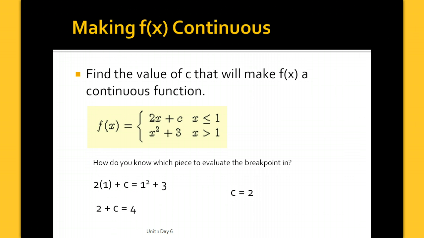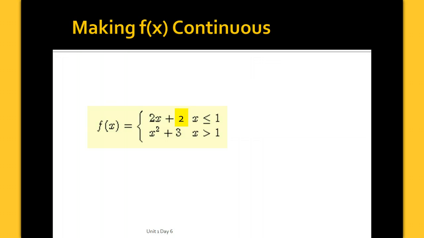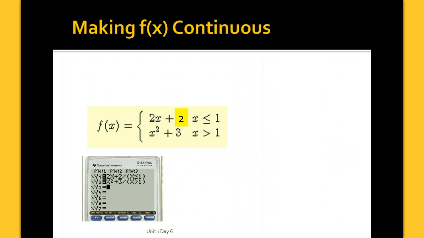So probably the best way to check this, to make sure that it looks continuous, is to graph this now. So I have my function with the c replaced with a 2 to see if it really does match up with those two pieces. And there's a way to enter this in our TIs, and you can enter it by putting the two pieces in y1 and y2.